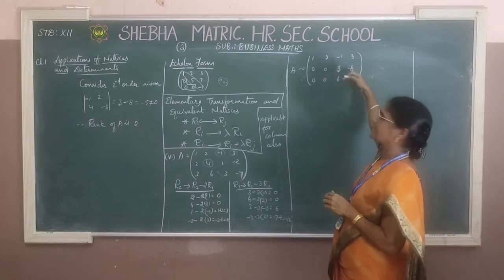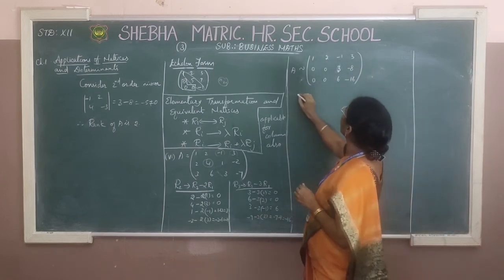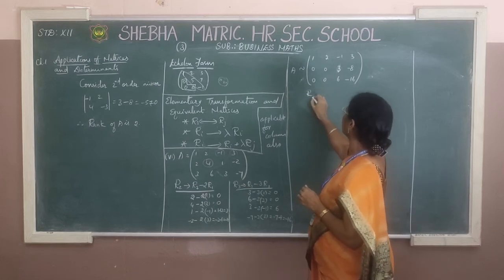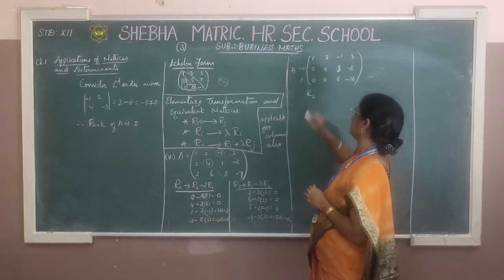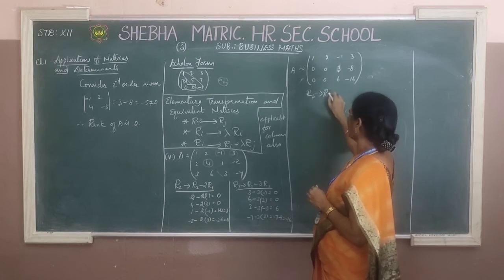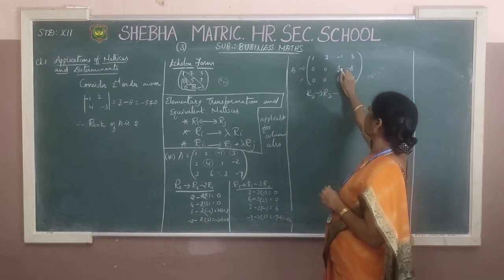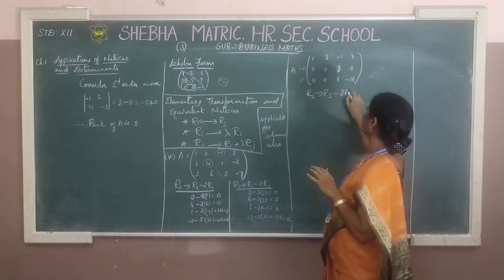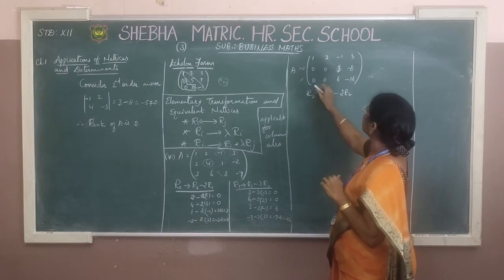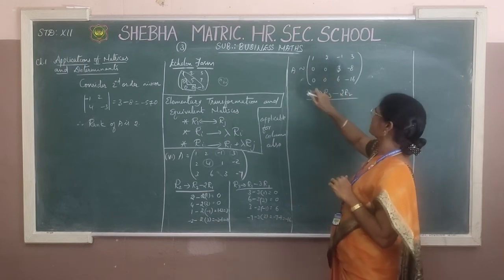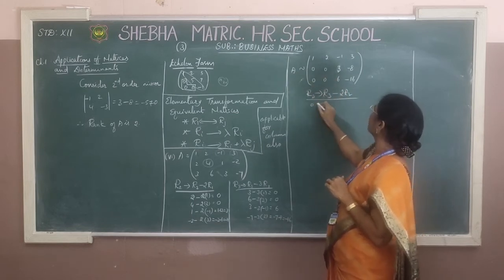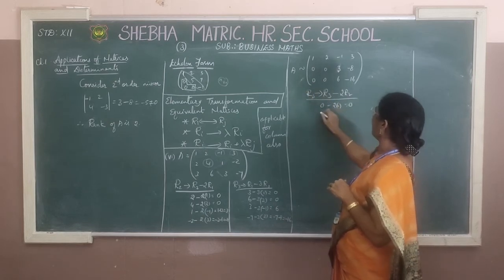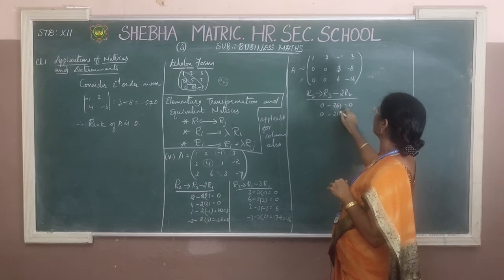So again it becomes 3. For that we have to use, listen carefully, R3 becomes R3 minus 2 into R2, because if you multiply by 2, we get 6. Now change this third row. The first two elements are 0, 0. We get 0, 0 only. 0 minus 2 into 0, 0. And 0 minus 2 into 0, again 0.